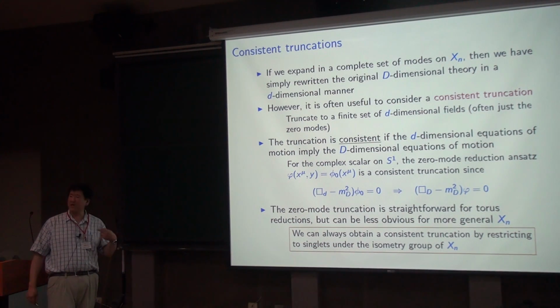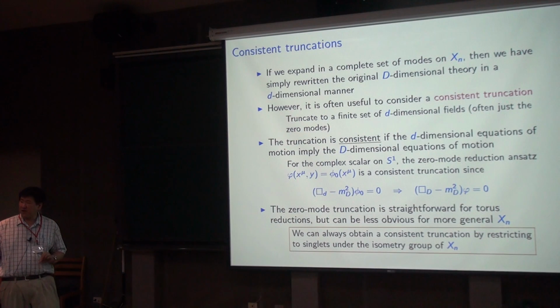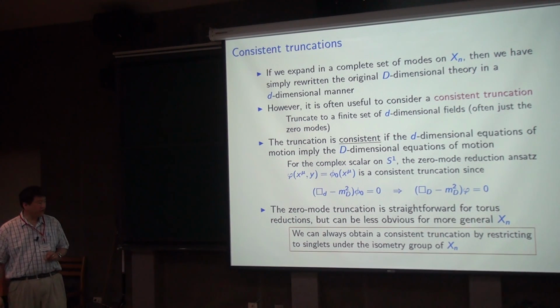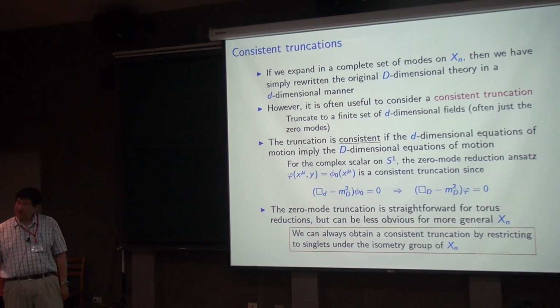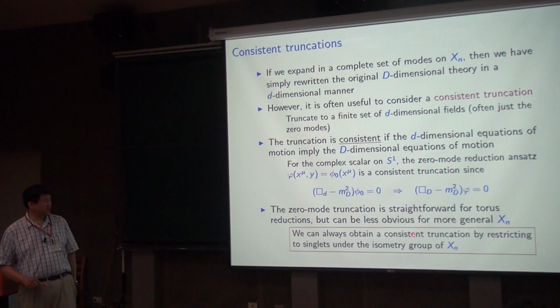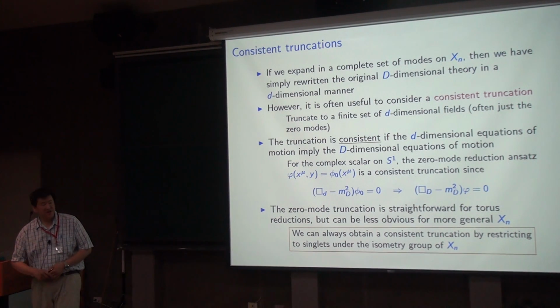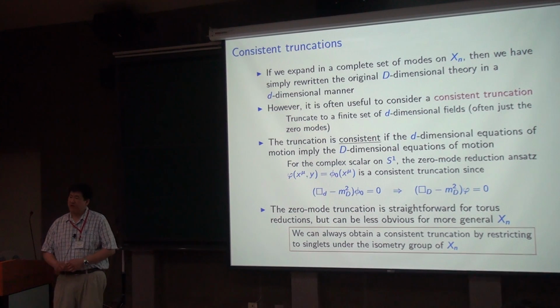Charge zero in a circle is an obvious statement, but if I generalize that statement to an arbitrary compactification and an arbitrary internal manifold, the charge neutral idea basically means singlets under your isometry group. So anytime you truncate to the singlets under the isometry group of your internal manifold, you're guaranteed to have a consistent truncation.